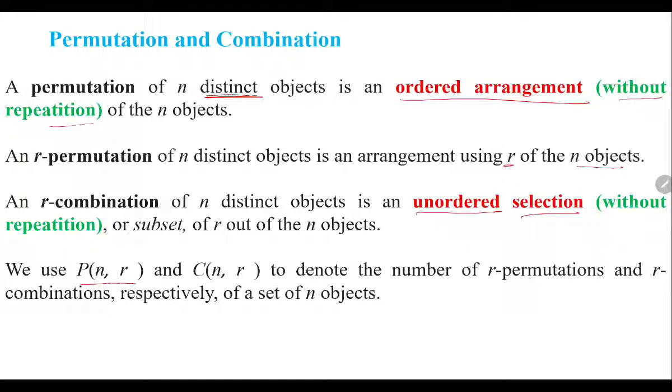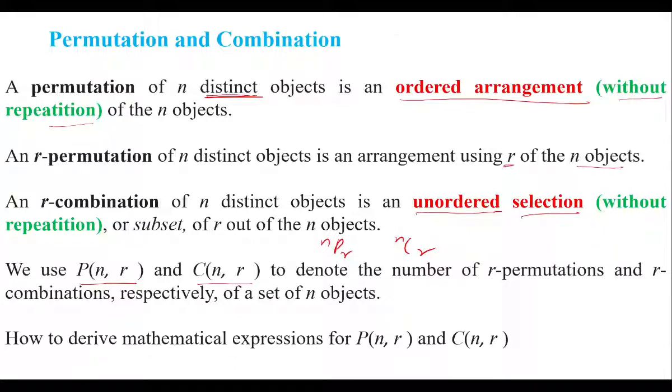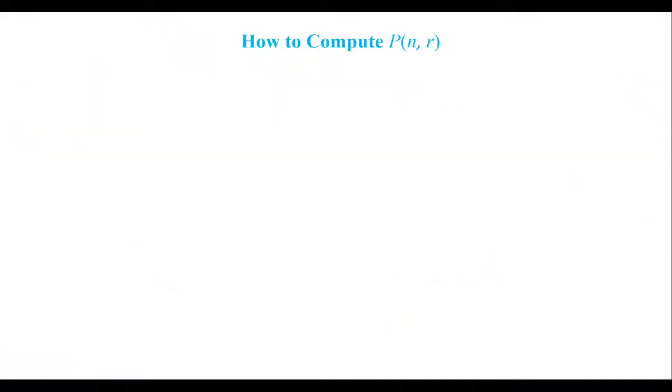The standard notations are P(n,r) or C(n,r), but sometimes you also use other notations for these. But first, how do we derive the formula for P(n,r) and C(n,r)? So we start with P(n,r).